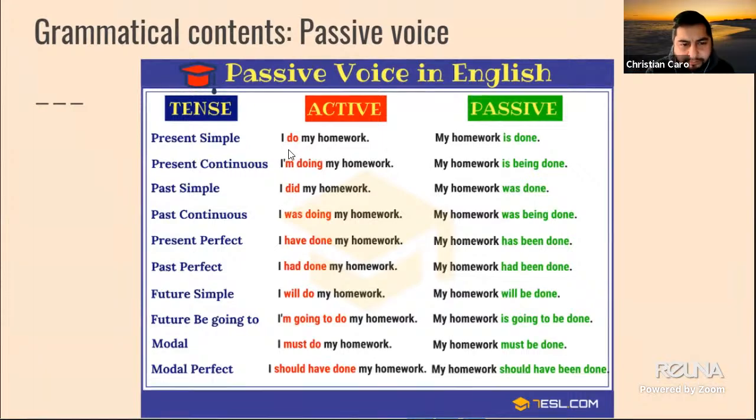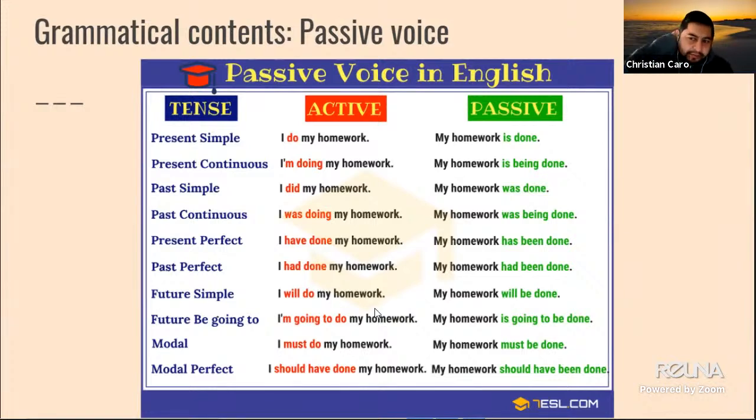So that's why, for example, when we use active voice, normally we start with the subject, okay? The subject is pretty much the center of the conversation in this case. I do my homework. He is doing his homework. We did our homework. So normally the subject is pretty much the important thing, right?